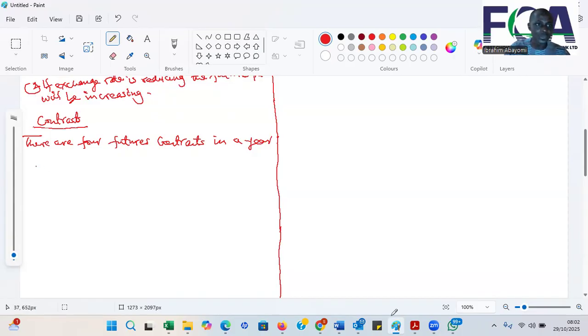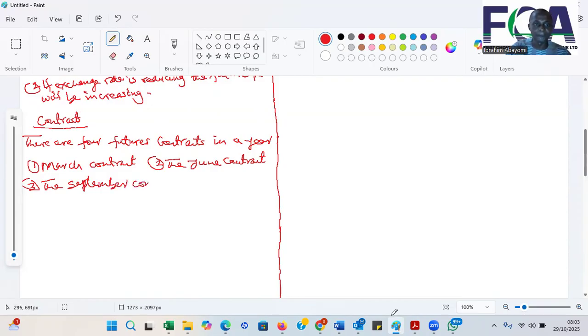And what are they? We have one, the March contract, the June contract, the September contract, and the December contract.